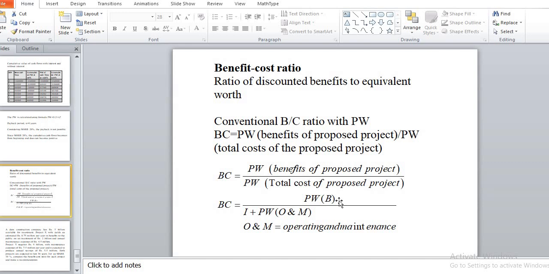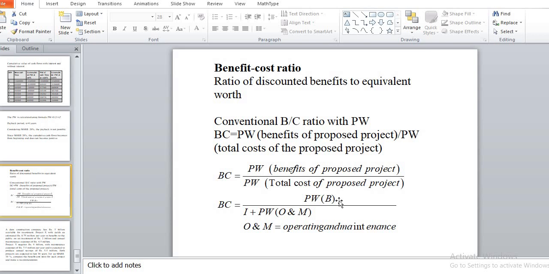So instead of considering only the benefit, we subtract the operating and maintenance amount from the benefit amount, and divide by the investment. So this is the benefit to cost ratio. We will go through some numerical examples on this.